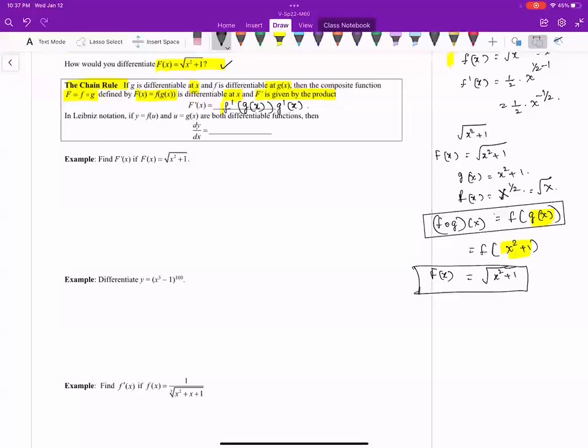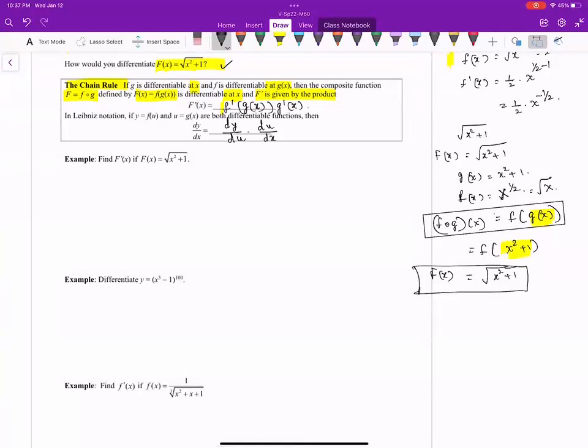In other words, if you keep the inner function as, say, u, if y equal to f of u, where u is a function of x, then dy by dx will be the outer derivative dy by du times du by dx.